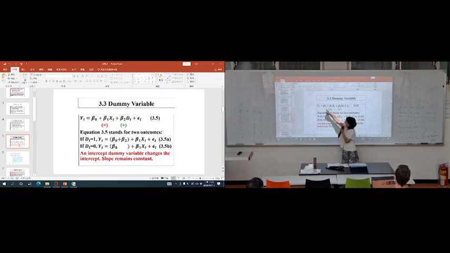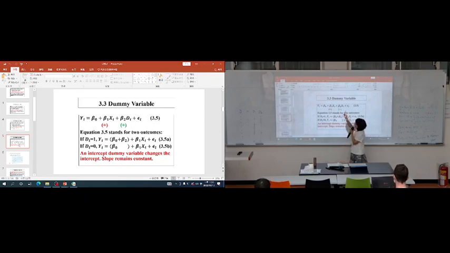Beta 0, beta 1, beta 2 are all coefficients. But beta 0 is the intercept, and beta 1 and beta 2 are slopes, because the definitions of slope and intercept are different mathematically.